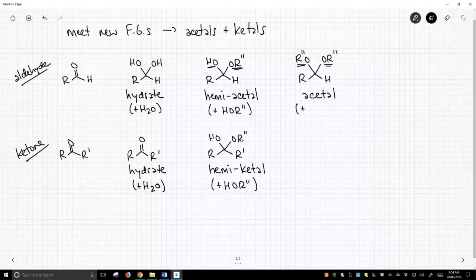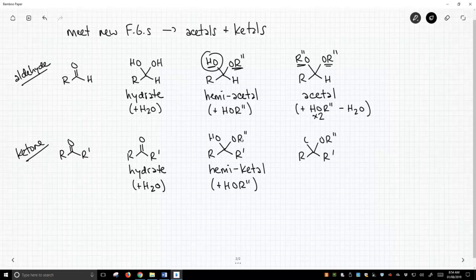And to get to here, we had to add 2 of our alcohols, and we had to lose, that OH had to be dropped. So we also had to lose, if you go through atom-wise what happened, 2 waters. Down below, we're going to finish the picture, and you can guess at what we'll see.